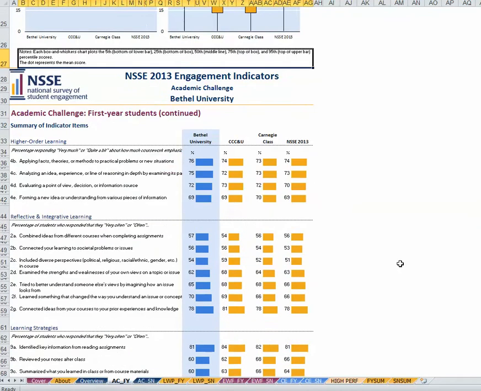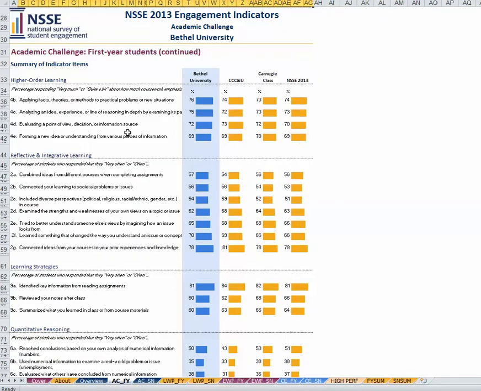And then down a little farther on here, you'll get a breakdown for the particular items for each of the assessment indicators, these engagement indicators. So you see the specific item related to it, how Bethel students respond to that as compared to students at other institutions.